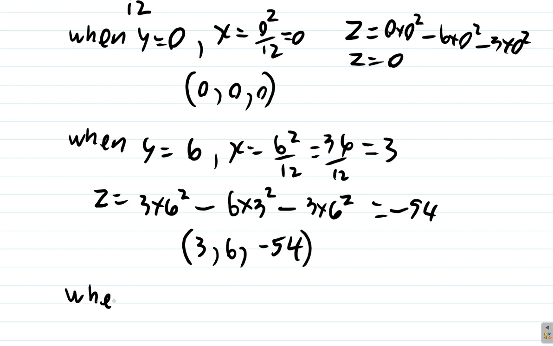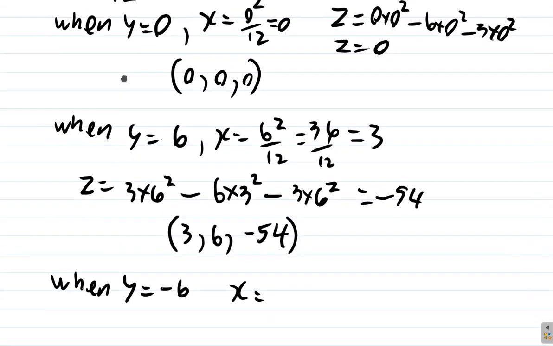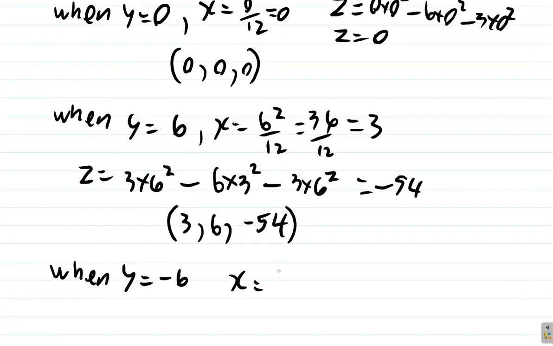Now, when y is equal to negative 6, what is x? x was what again? y squared over 12, which is negative 6 squared over 12. This amounts to the same 3.